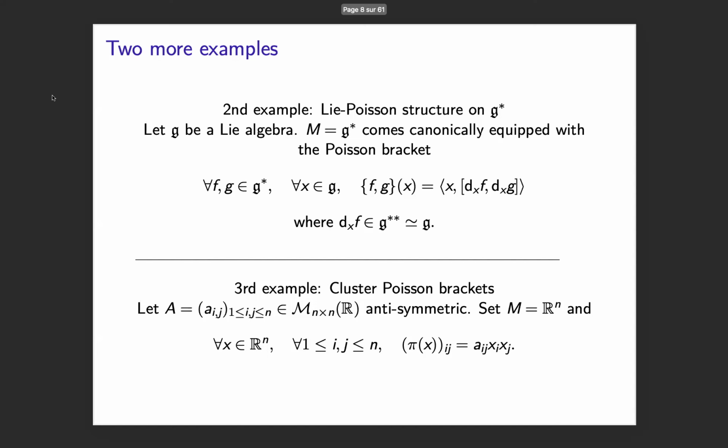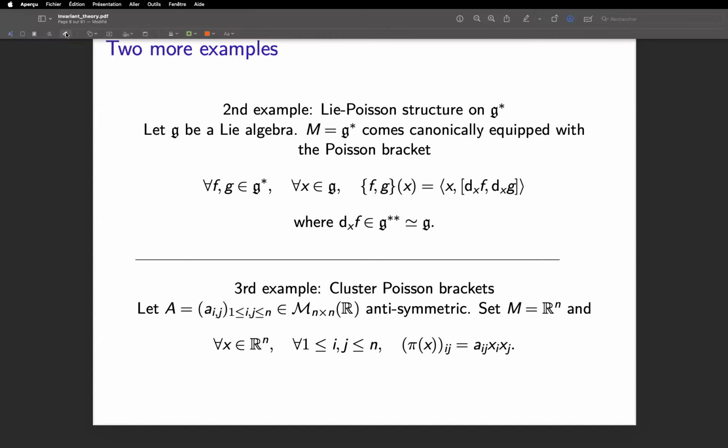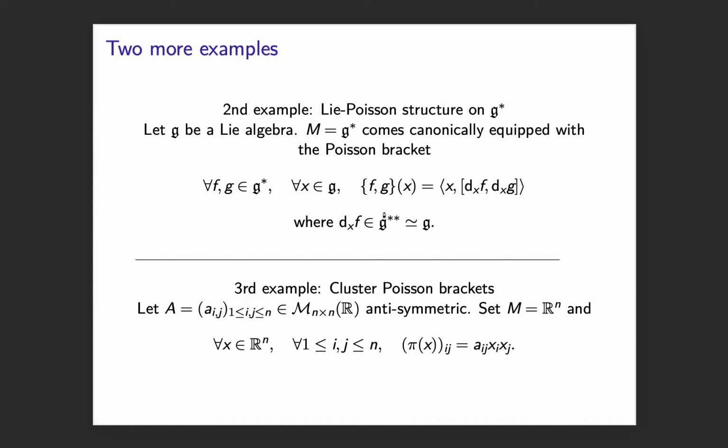Okay. Let's see two more examples. Our second example is called the Lie-Poisson structure on G star.